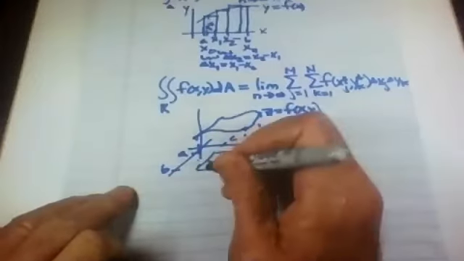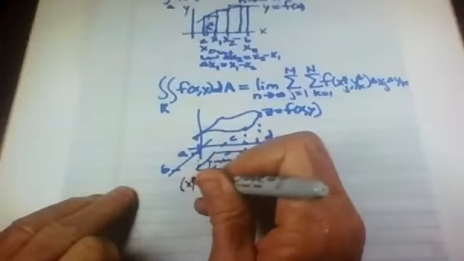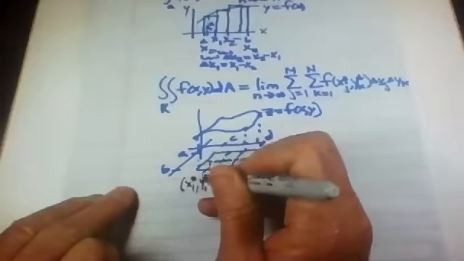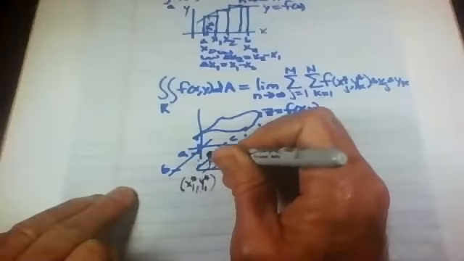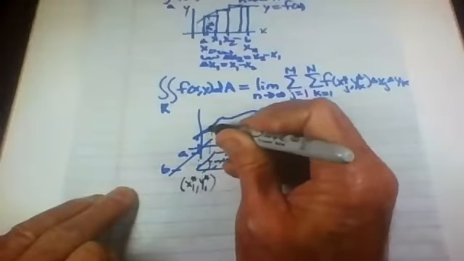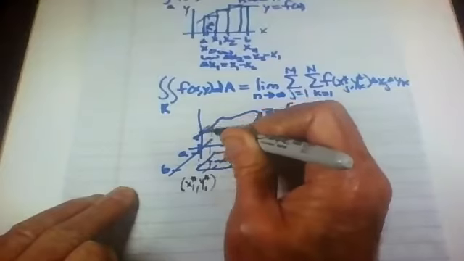So in each rectangle, here's maybe the first point. I'll take x1 star, y1 star, and I'll take the height of the surface at that point, and I'll make a rectangular box of that height.